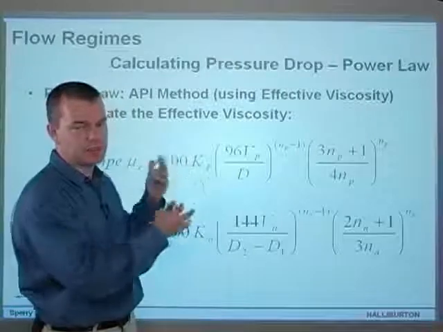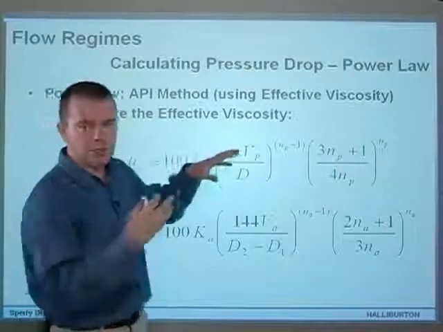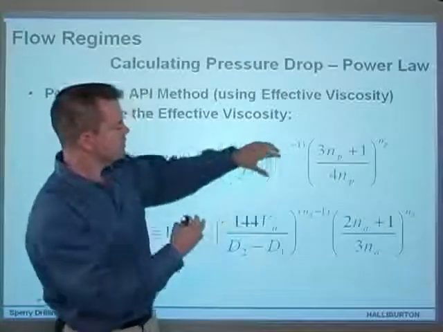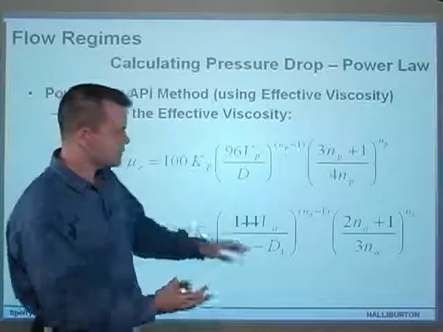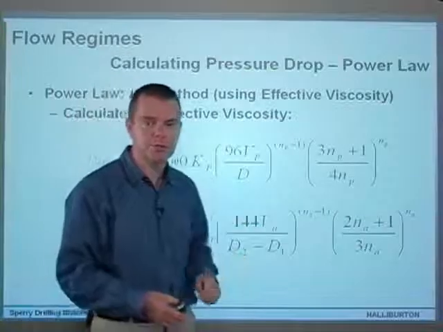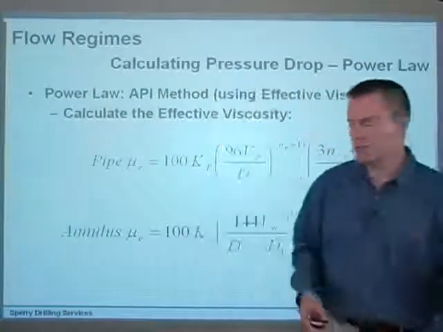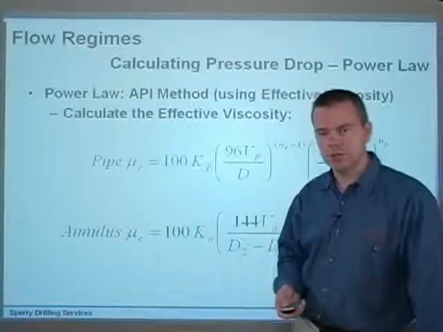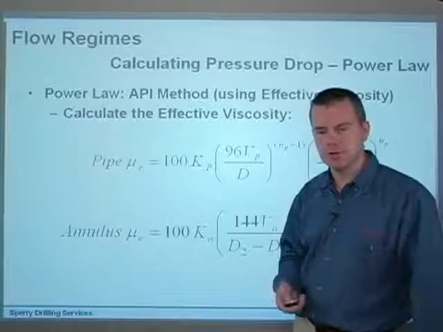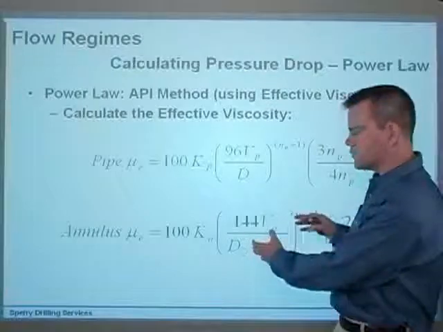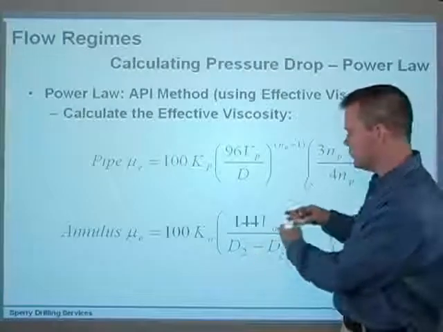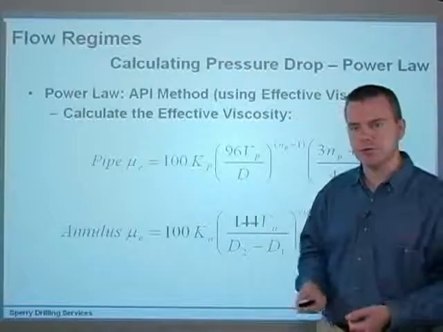Your effective viscosity is determined by the viscosity terminology and the fluid velocity as well. And same in the annulus, it's just a slightly different equation, but basically the same thing is occurring in the annular effective viscosity equation. You're relating the viscosity terms, N and K, to the fluid velocity and the geometry as well.